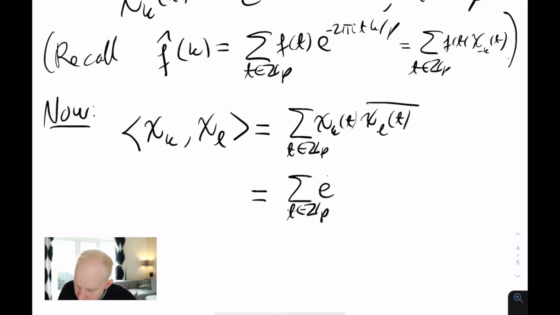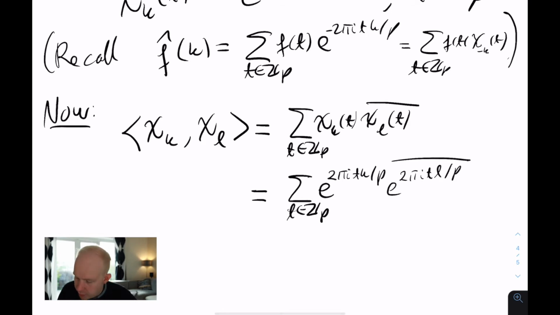This becomes e to the power, actually let's use the plus here, 2 pi i t k over p, times e to the power 2 pi i t L over p, with the conjugation of this one.